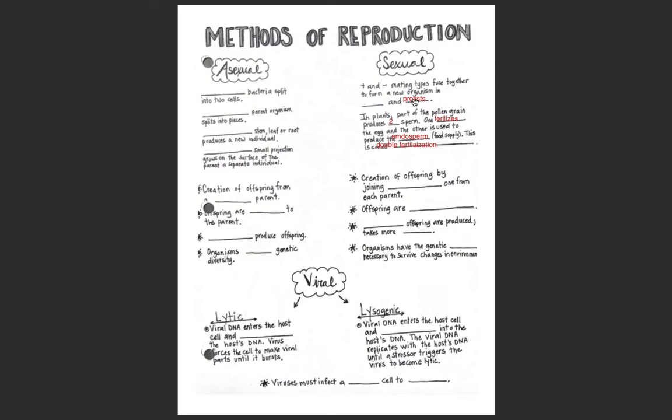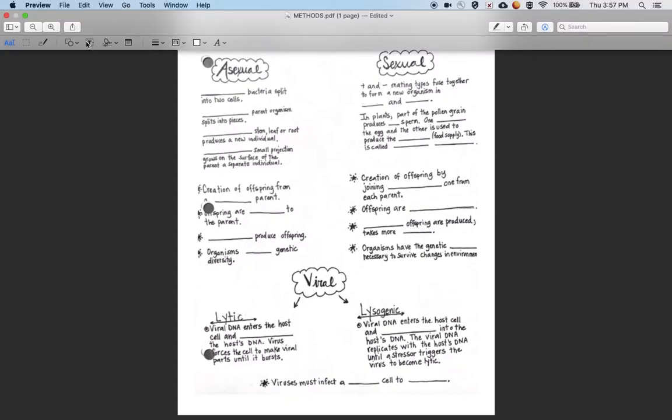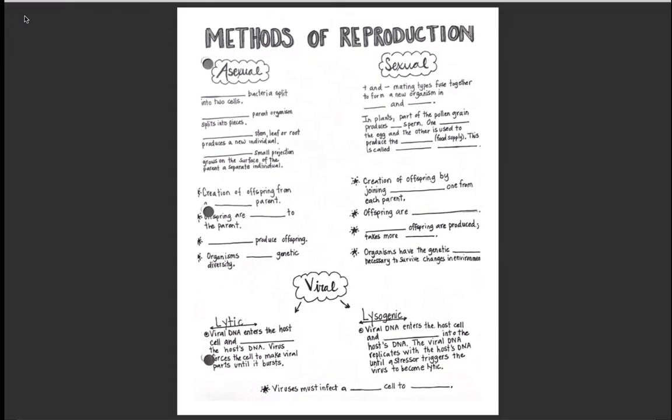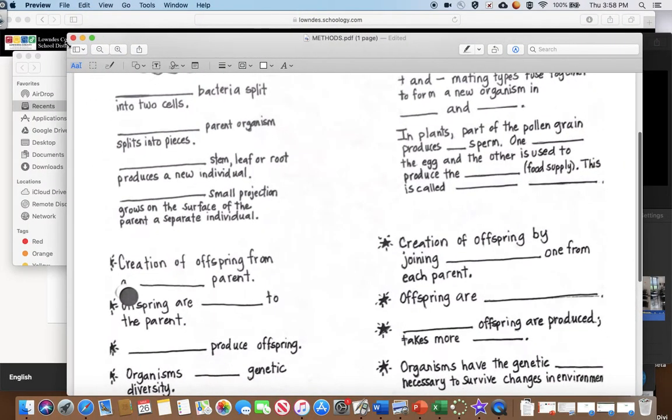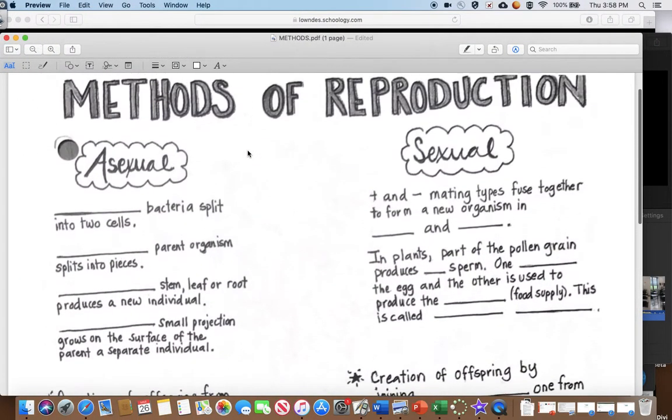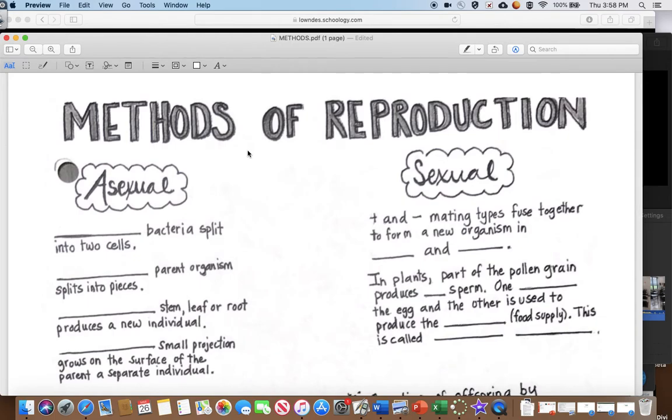You can print it if you want to, or you can go in and modify it yourself or whatever. But this is just a concept map that shows you, it just kind of breaks up those different types of reproduction into a little concept map.